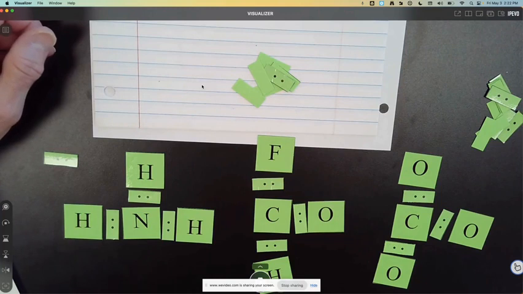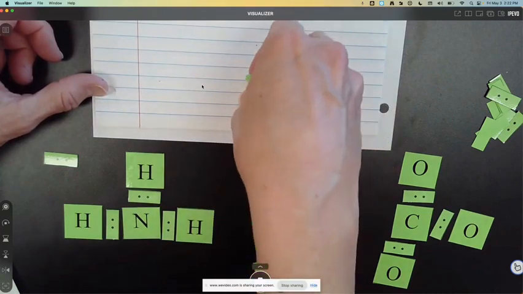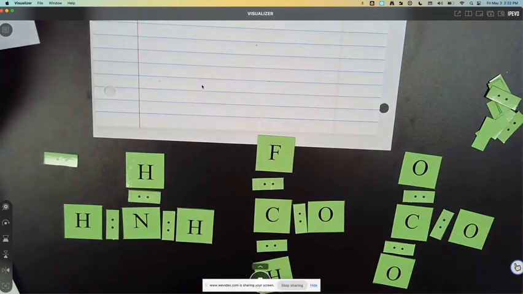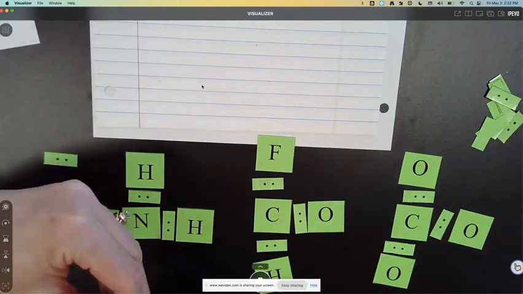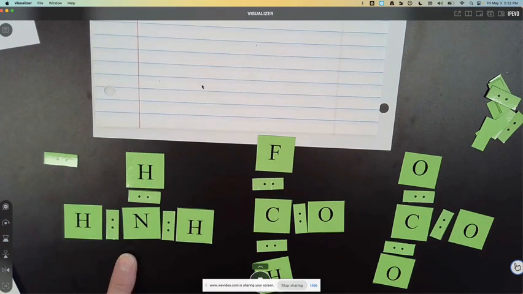Next thing on the list, distribute electrons as lone pairs to the outside atom, completing an octet around each atom, except hydrogen, which only wants 2 electrons. Well, the only outside atoms on NH3 are hydrogens, and they don't want 8 electrons, so we're not going to do anything else with that one.